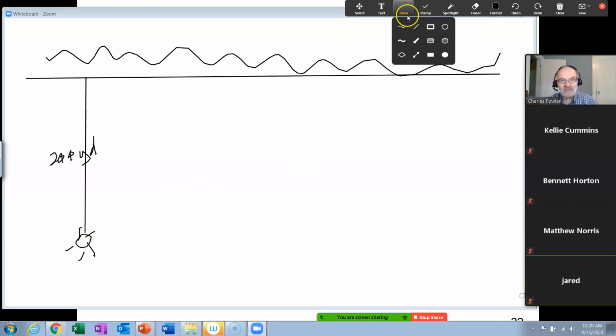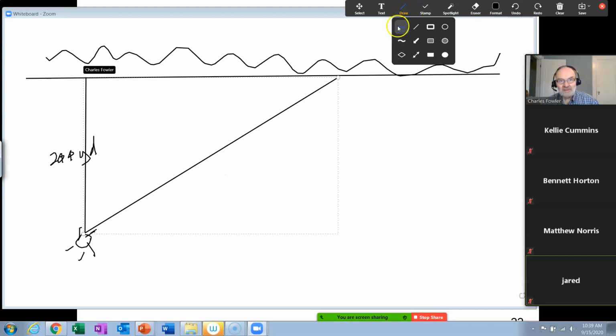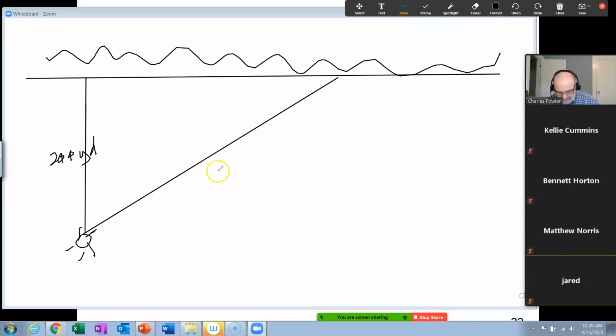Now, let me again go back and get a straight line. This is how they put the path there, the sidewalk, the walkway. Now what they tell us here is that that length is 400 yards.